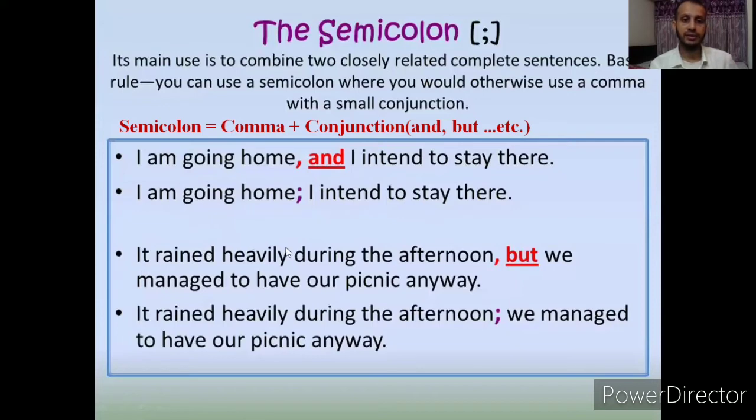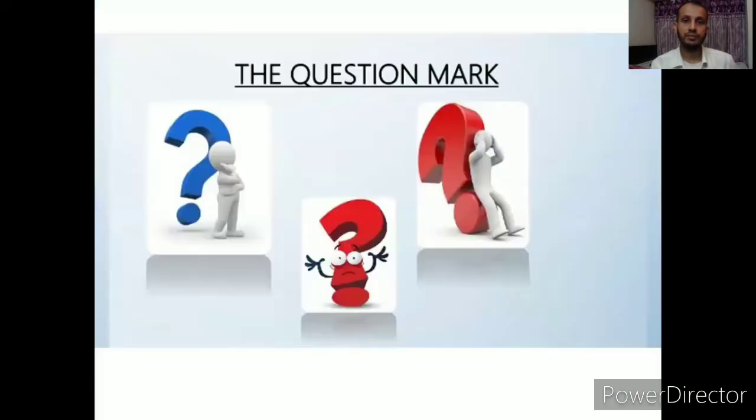It rained heavily during the afternoon, but we managed to have our picnic anyway. We can remove the comma and but, and now write down the semicolon: we managed to have our picnic anyway. These are the rules of the semicolon.